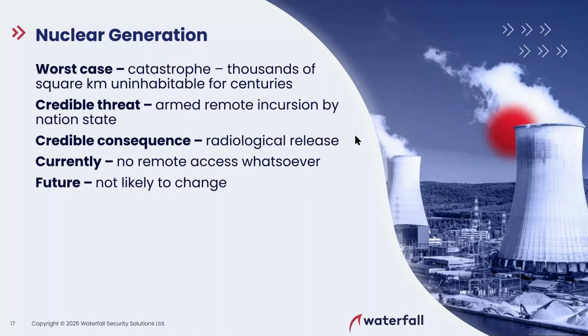That's a disaster. You declare a state of disaster and it stays in place for a week or a month or 6 weeks. That's a disaster. A catastrophe is where, for example, hundreds of square kilometers of land become uninhabitable for centuries. This was the Chernobyl incident. That's a catastrophe. With nuclear generation, you risk catastrophe if the automation has taken over.